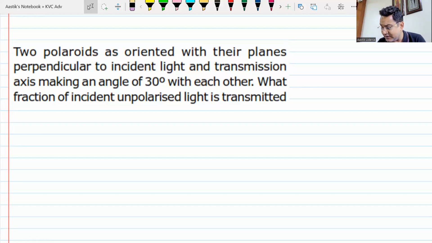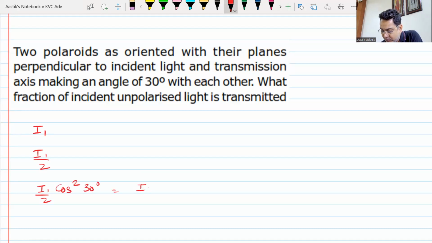3 by 8 is correct. The original intensity, if I say I1, then the intensity after the first polarizer will be I1 by 2. The intensity after the analyzer will be I1 by 2 cos square 30 degrees.